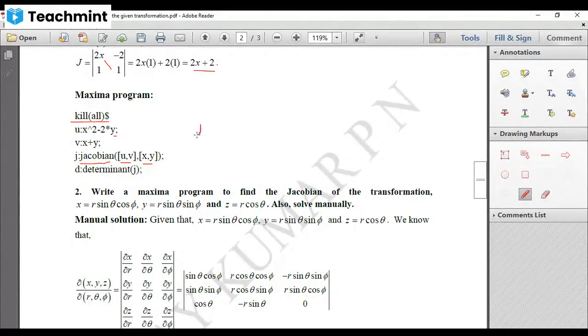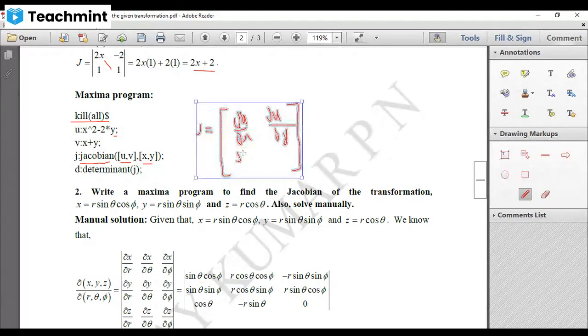That means your J will be storing the Jacobian matrix: ∂u/∂x, ∂u/∂y, similarly ∂v/∂x and ∂v/∂y.